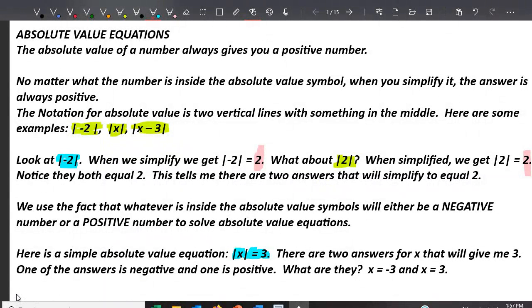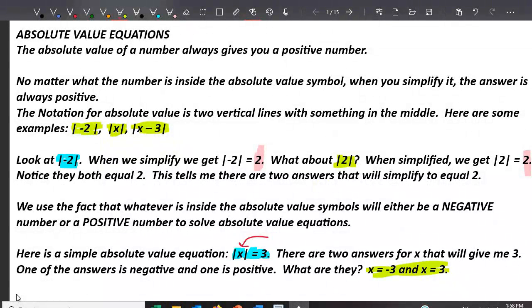Now, I want to find what goes here that will give me a 3. Above, a -2 gave me a +2, a +2 gave me a +2. So, what numbers give me a +3? Well, the only choices I have are these two, -3 and +3.